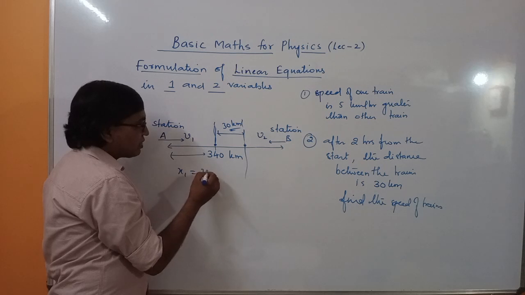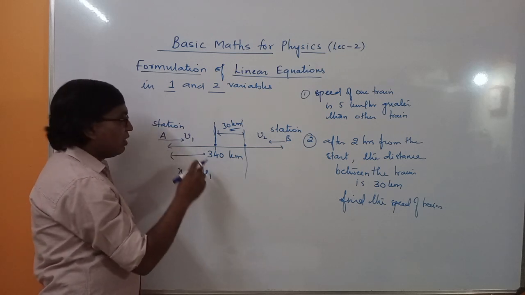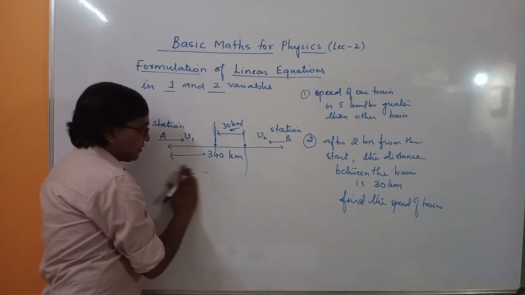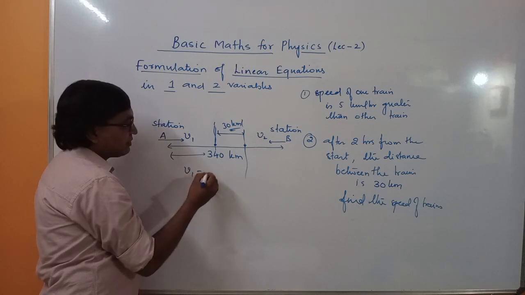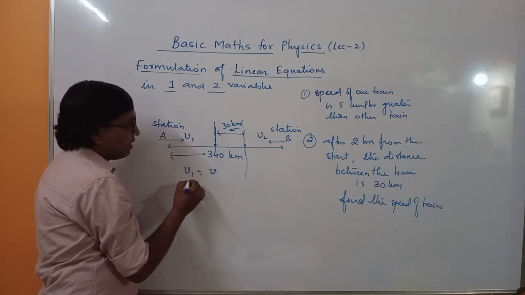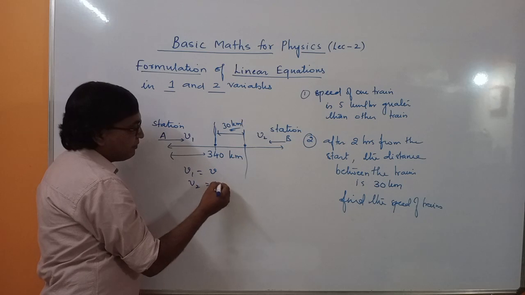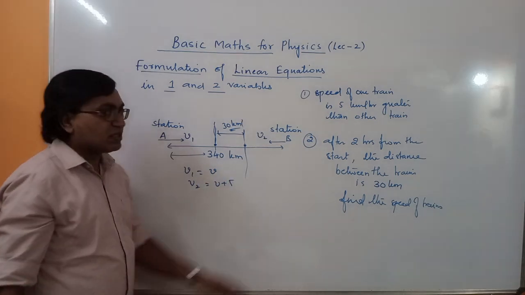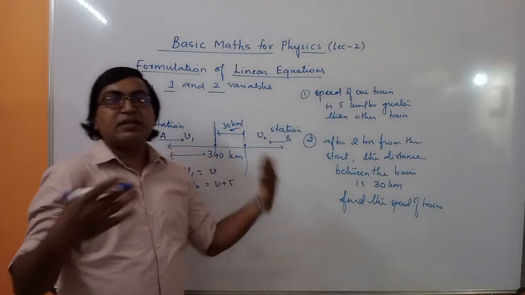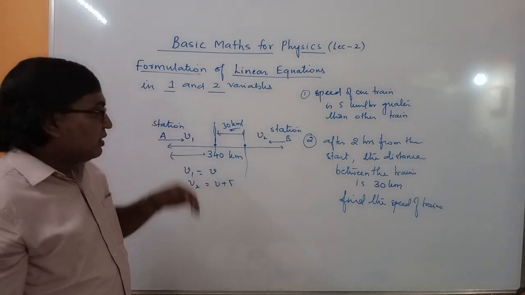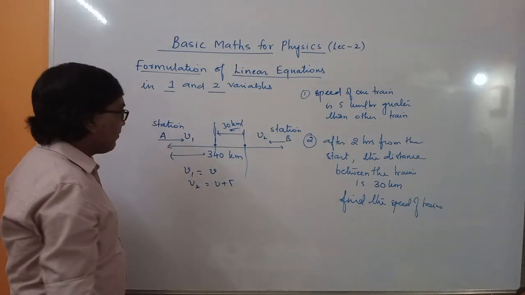We'll assume V1 as V, and V2 as V plus 5, because the speed of one train is greater than the other by 5 kilometers per hour.